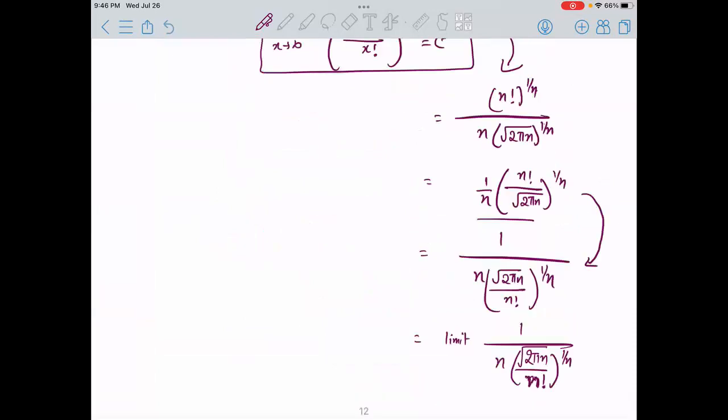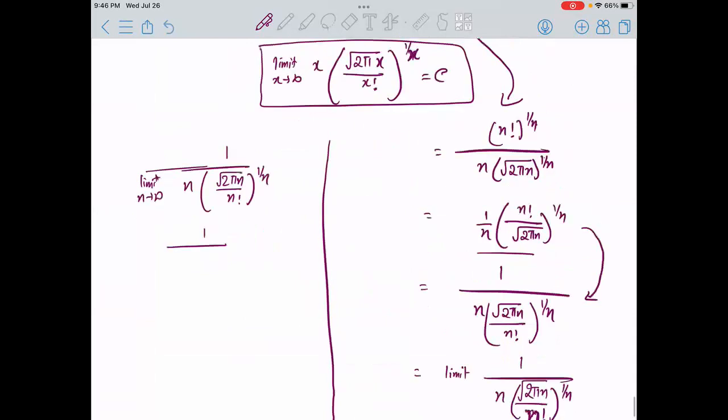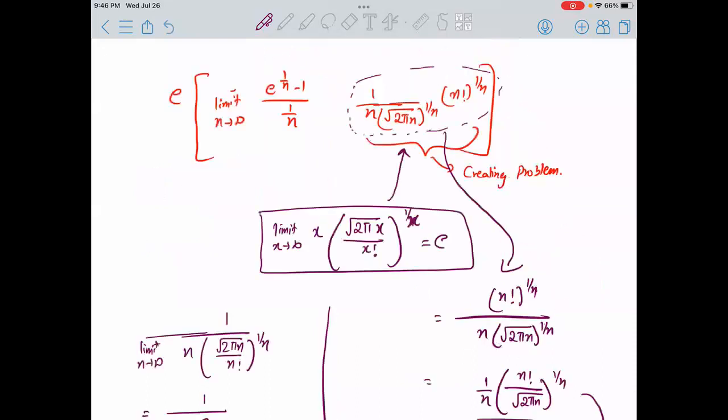I'm writing in this way: 1 by n in limit n tends to infinity, n into root 2 by n divided by n factorial to 1 by n. So this is equal to what? e. 1 by e. Agree? So this whole term will be 1 by e.